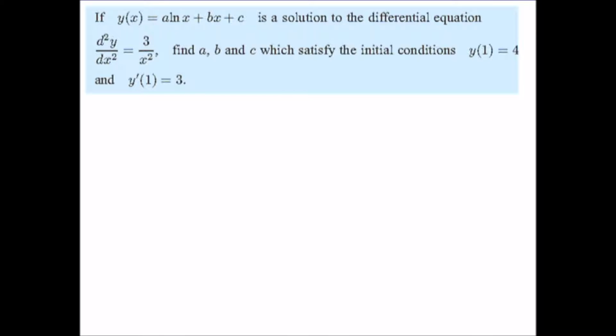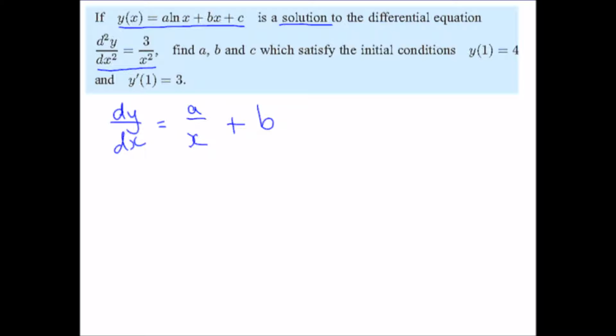Third example, once again, we are told that this equation here is a solution to this differential equation. So let's differentiate the solution. So dy by dx must equal, now a ln x becomes a on x plus, and the bx becomes b.